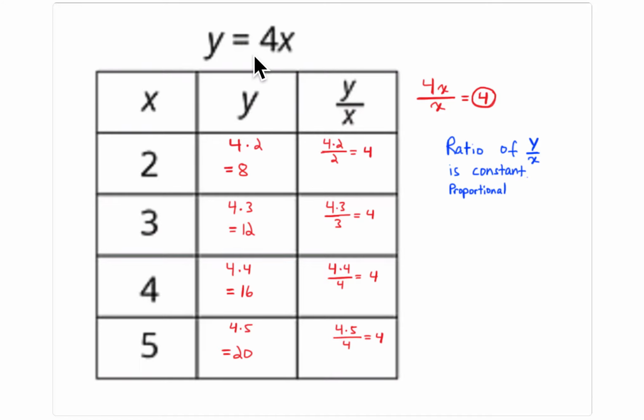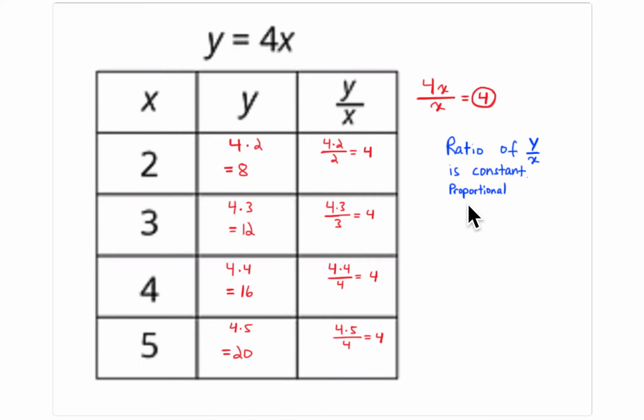So that means that y divided by x is equal to 4. Now, if you look at this algebraically, y is equal to 4x, divided by x. These x's cancel out, and you get an answer of 4 in the end. So this is a constant amount.